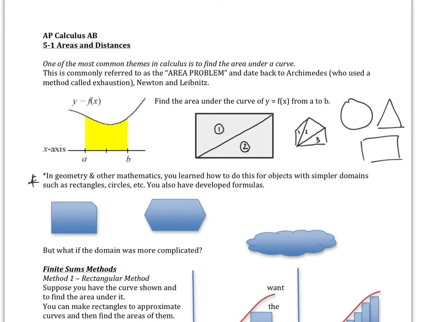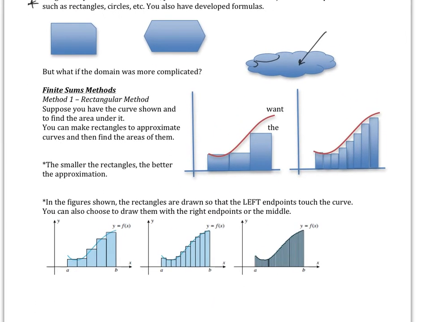That's how we were able to develop the formulas. But what if you had some sort of shape that looked like this? You could start maybe trying to break it up into ellipses or circles or whatever, but it gets really complicated. So we have another method of doing it called finite sums.